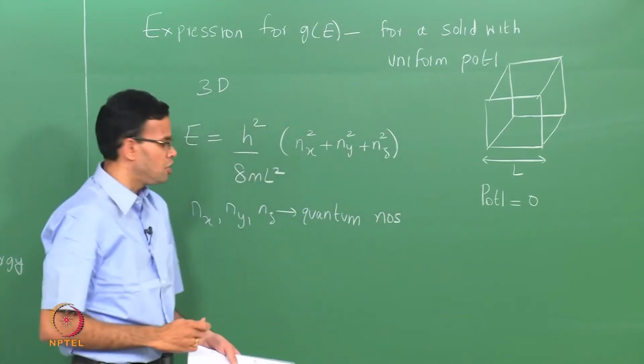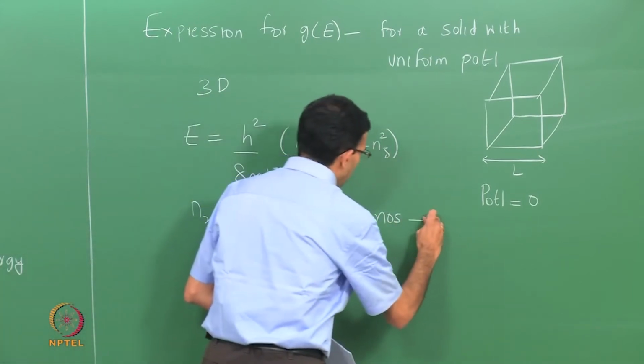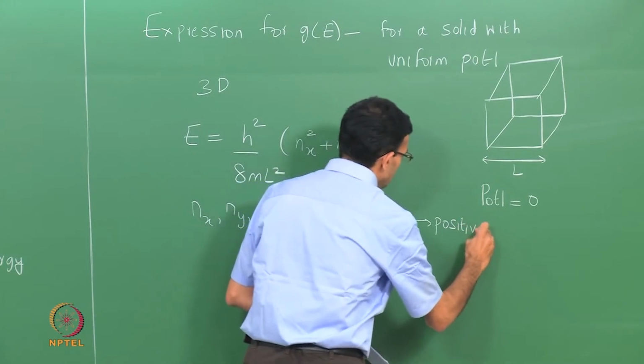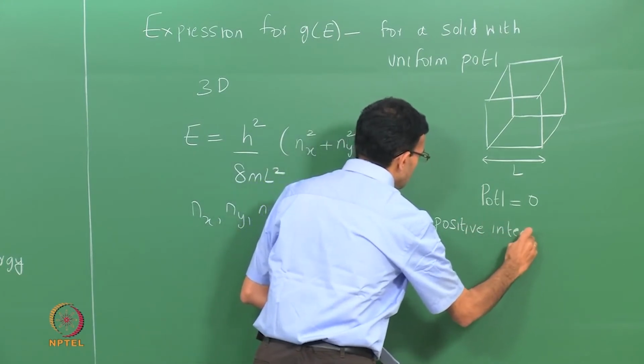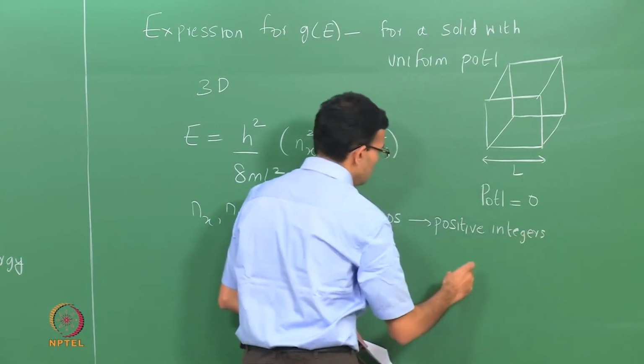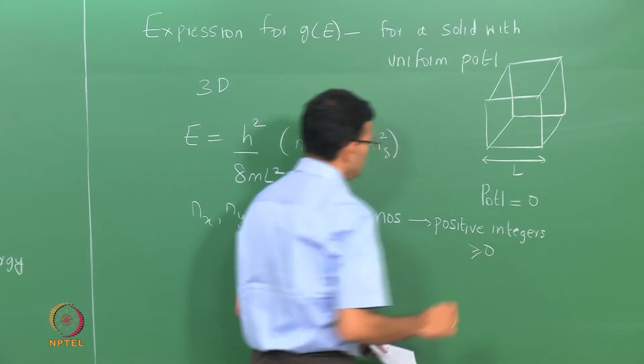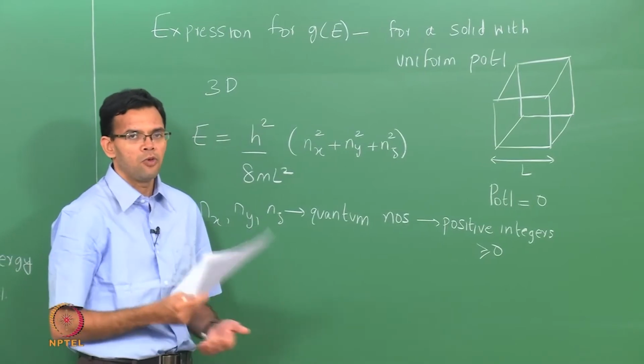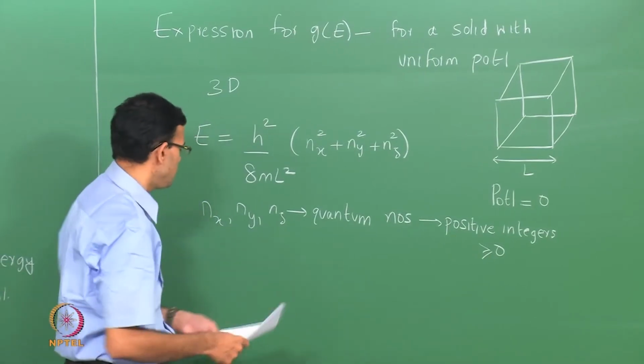These are all positive integers, so they have values greater than 0. So, nx, ny and nz can take values of 1, 2, 3 and so on.